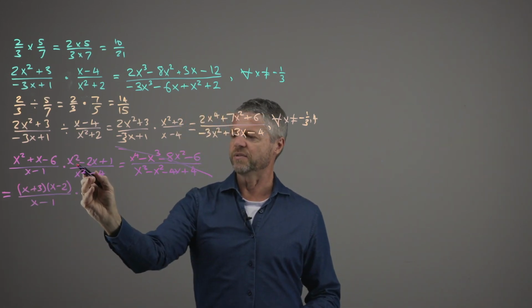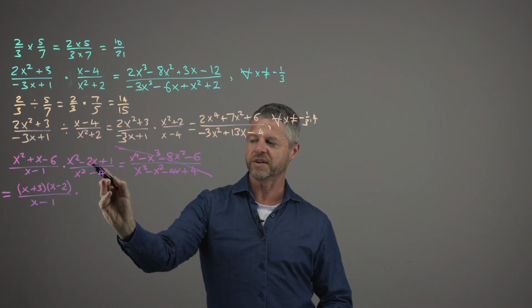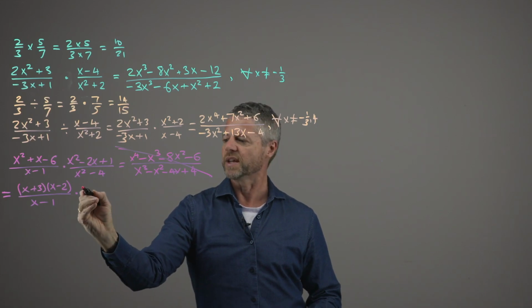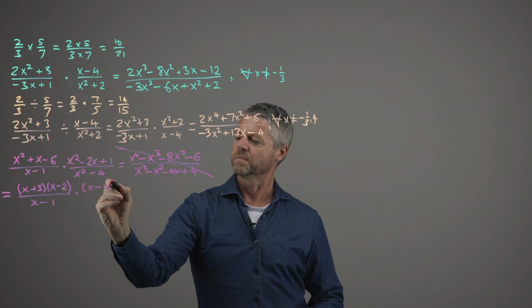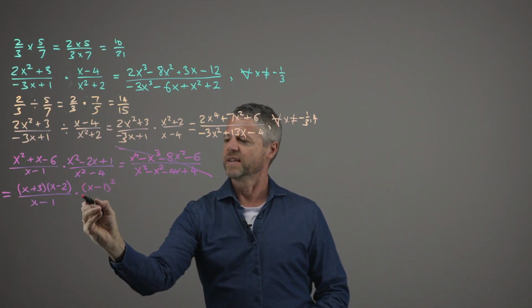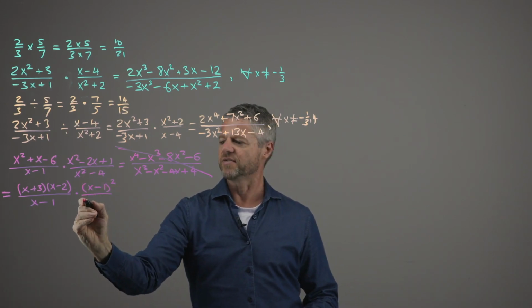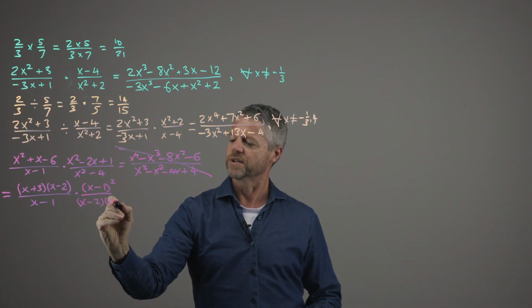And then let's see if we can factor this quadratic. So we need two numbers that multiply to give us plus 1 and add to give us minus 2. So minus 1 would work there. Minus 1, x minus 1 all squared. And then this is a difference of squares, so I'm going to use conjugates here to factor that. x minus 2, x plus 2.